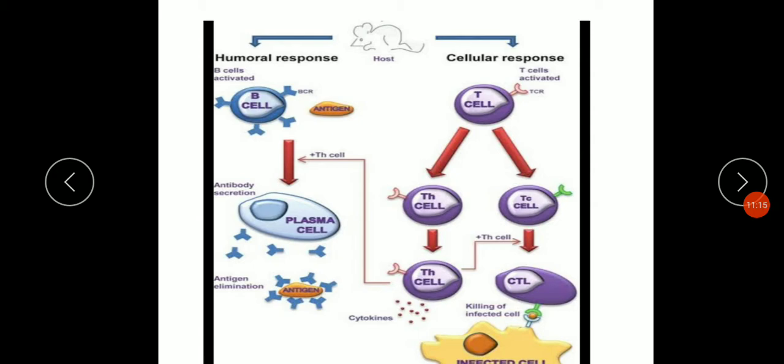T cells cannot bind directly to the antigen, but B cells can bind to the antigen directly, and T helper cells help the B cells in their proper activity. So understood, children? In this manner immunity takes place in our body, meaning this is the way the immune system works.